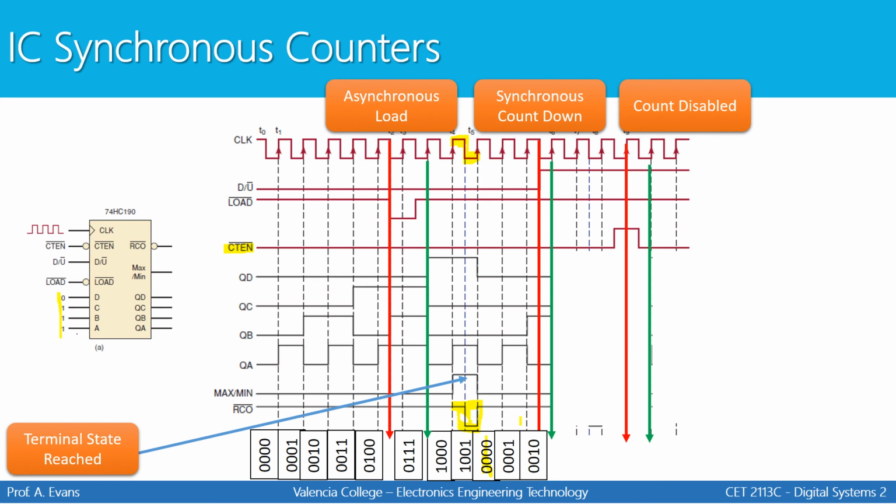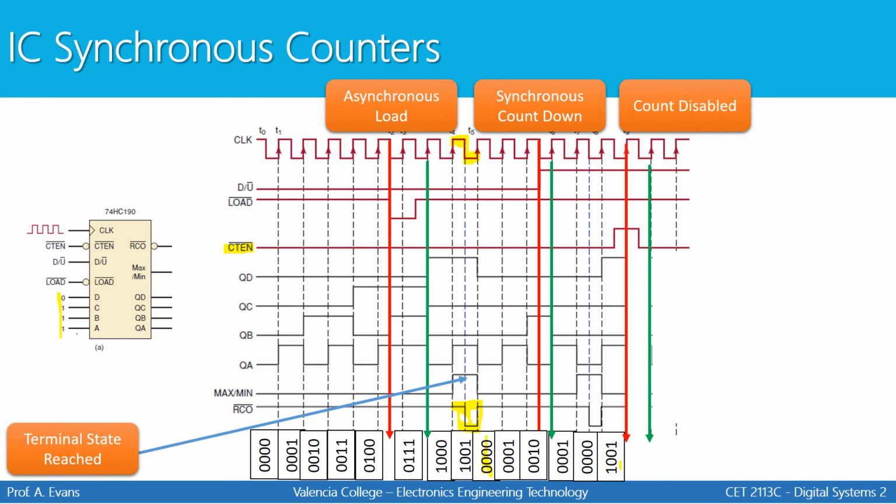So as it begins to recycle right here, it'll continue to count up until now our up-down input has changed. And on the next clock pulse, now it's going to count down. So it went 8, 9, 0, 1, 2. Now it's going to count down: 1, 0, 9.